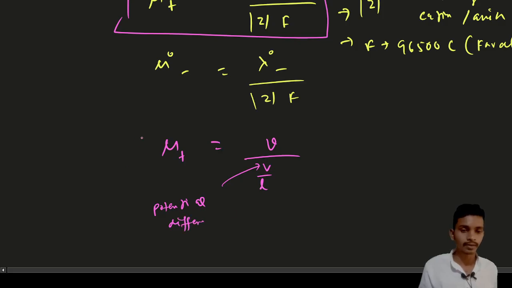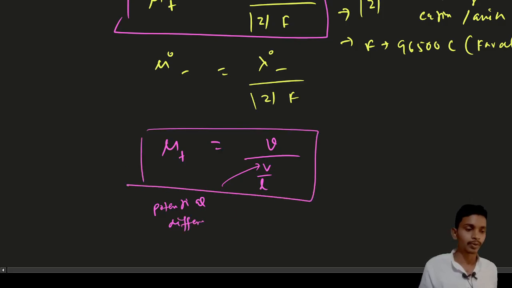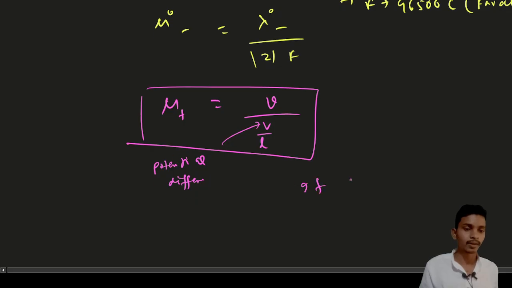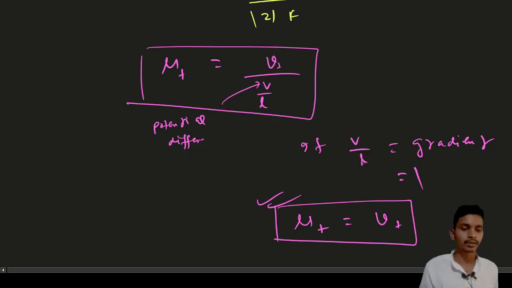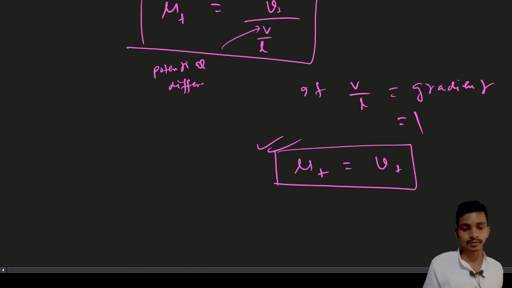This also you have to remember. Potential difference upon length L is called the gradient, and when this gradient equals 1, the ionic mobility at any concentration of cations equals the speed of the cations. Okay, so this much is enough for the transport number.